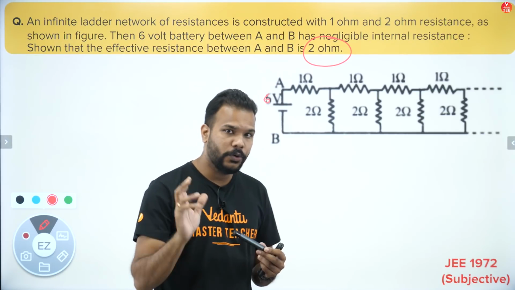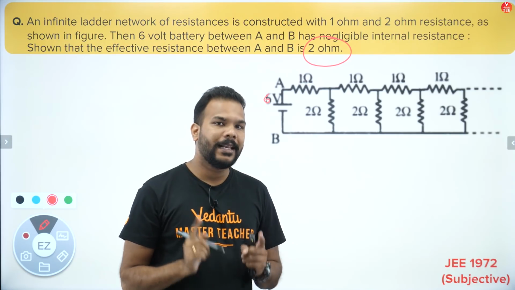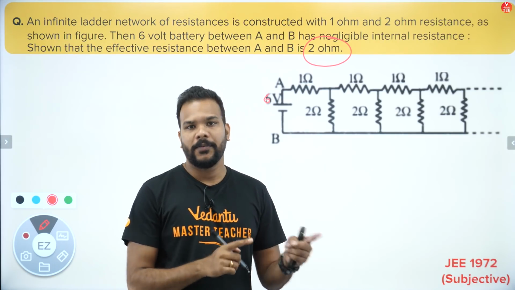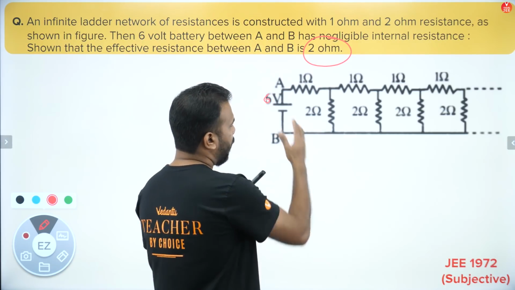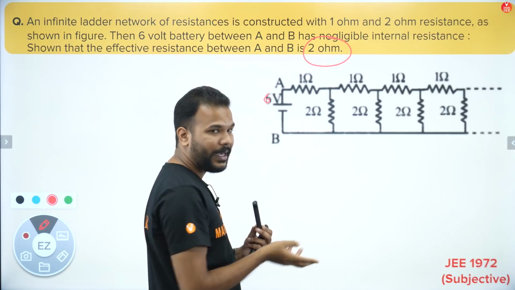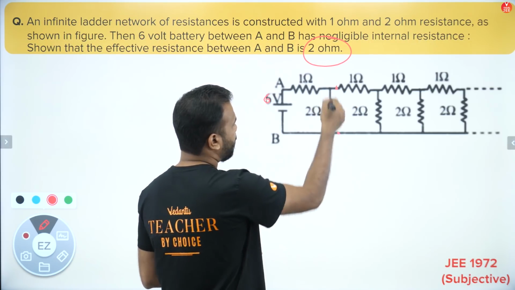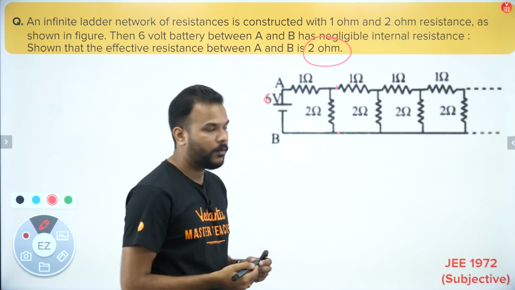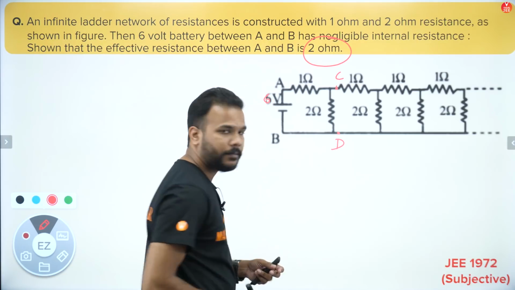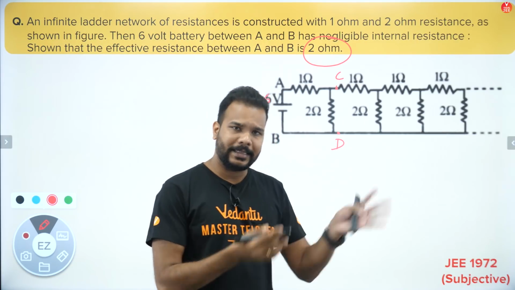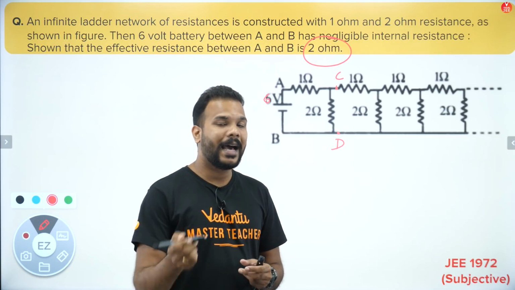Okay guys, if you do not know this so far, listen to this very carefully. Whenever you are dealing with a ladder which is infinite and repeating, if you leave the first branch or first repetition, say you consider a point here and here, this is the part which is repeating. You can see that the inverted L part is repeating. So if I call this point C and this point D, after this also exactly an infinite number of resistances in the same pattern are getting repeated.